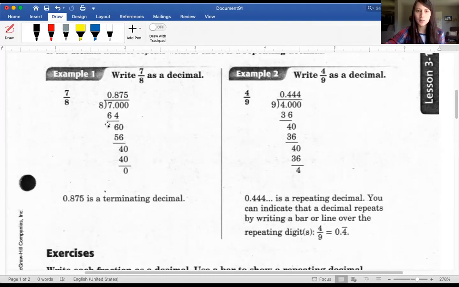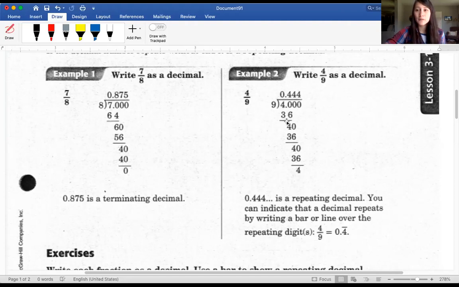So if we look at our examples on your study guide, example 1 and example 2, that's exactly what they do. They do 7 divided by 8. And you're just going to work that out, of course needing to put some placeholders and decimals in place if your number that's divided is less than 1.